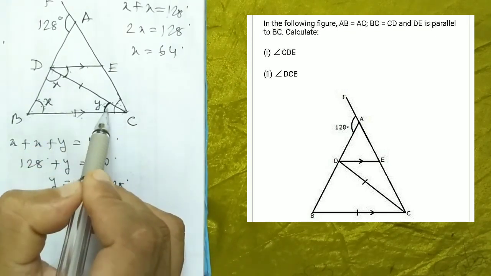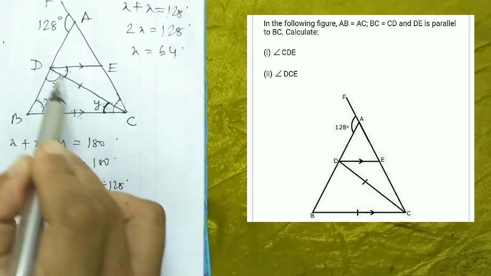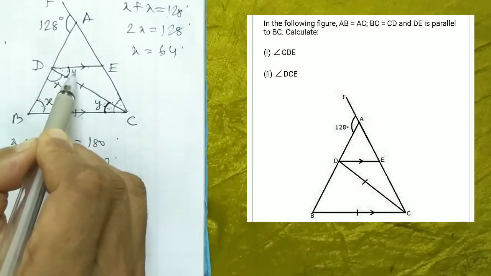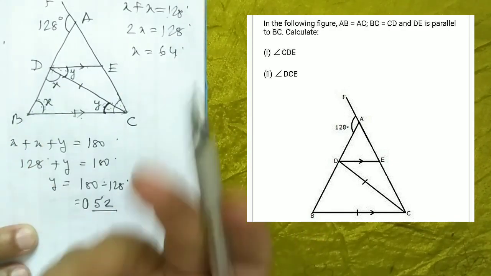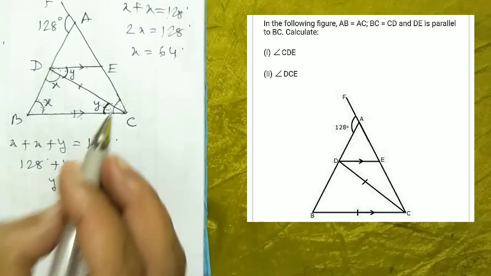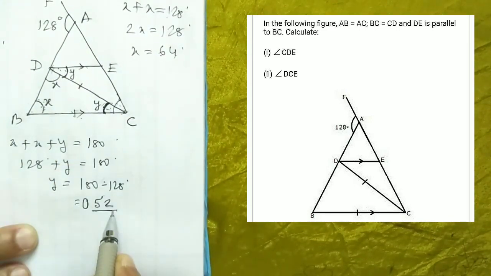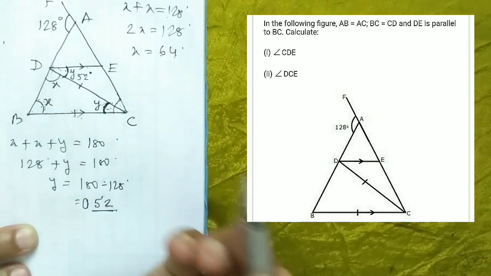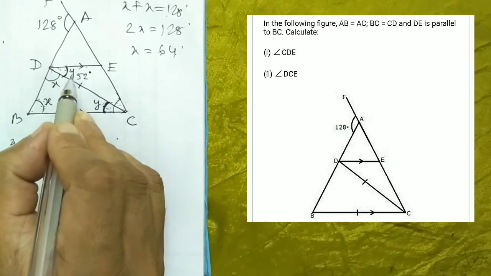Because they are alternate interior angles. So if this is y, this is also y. We got y as 52 degrees, so this is also 52 degrees. Understood?